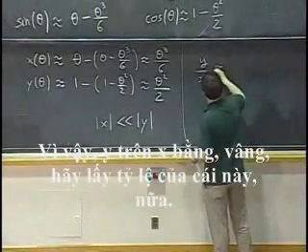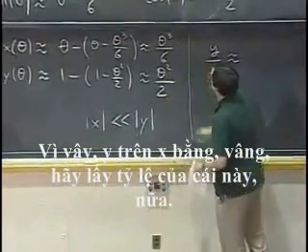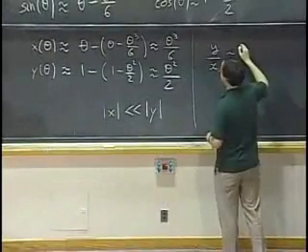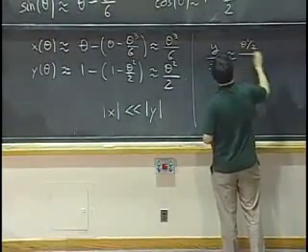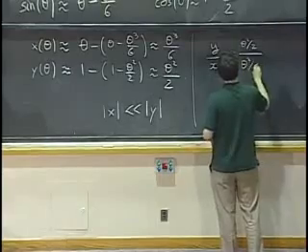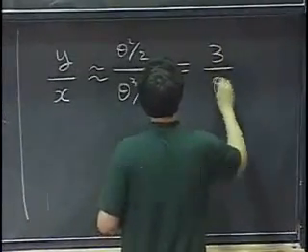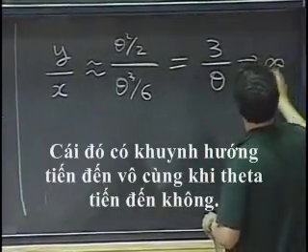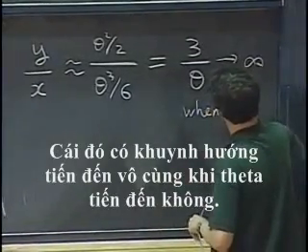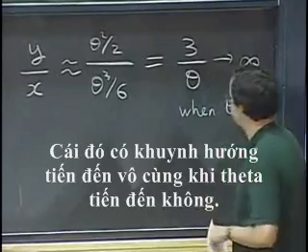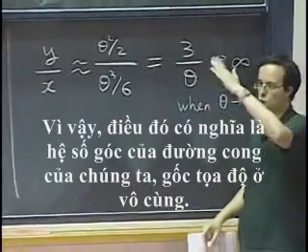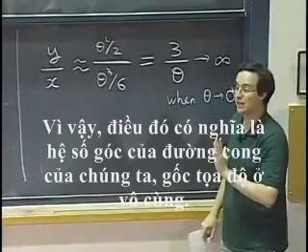So y over x is the ratio of these two. That gives us 3 divided by theta. That tends to infinity when theta approaches 0. So that means that the slope of our curve near the origin is actually infinite.